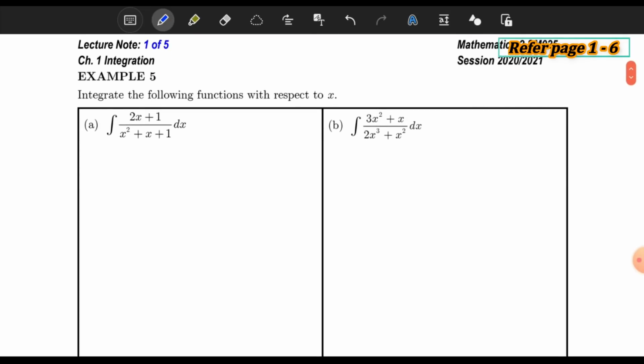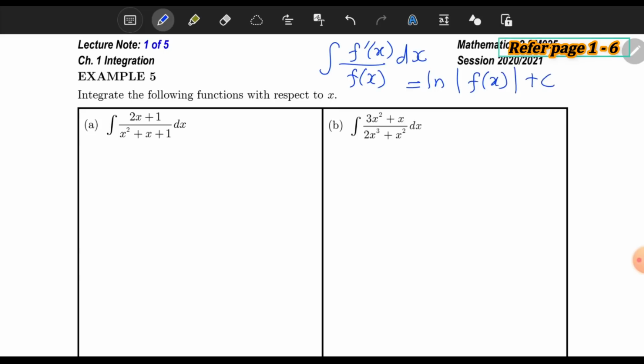Next one. Integrate the following functions with respect to x. For this case, we will use the rule from part C: integrate f prime x over fx dx equals ln fx plus c. But we need to look at the pattern first. Refer to your denominator.